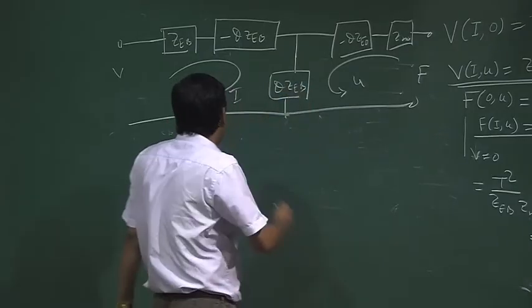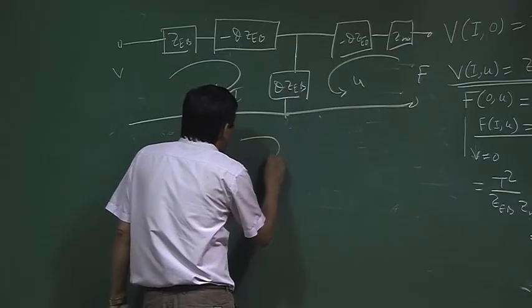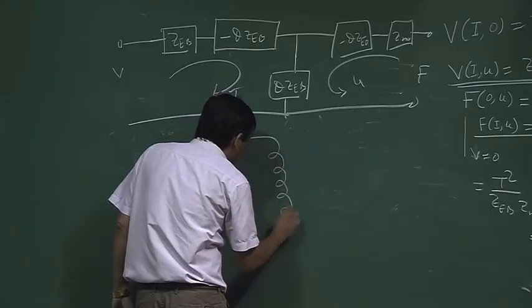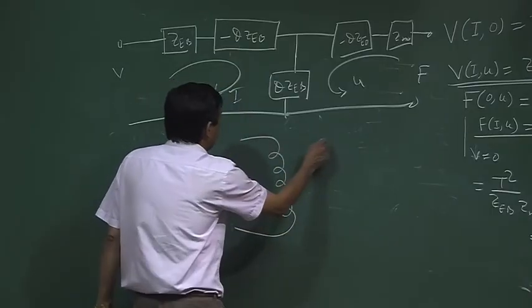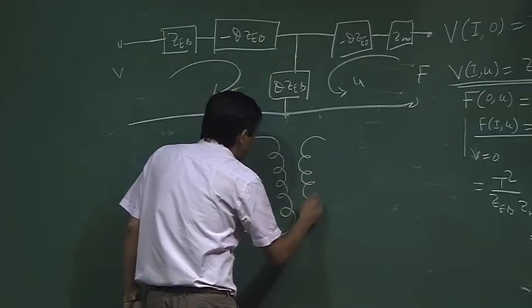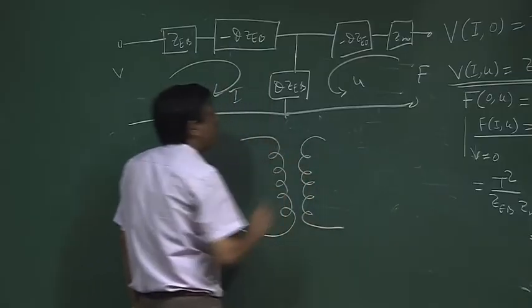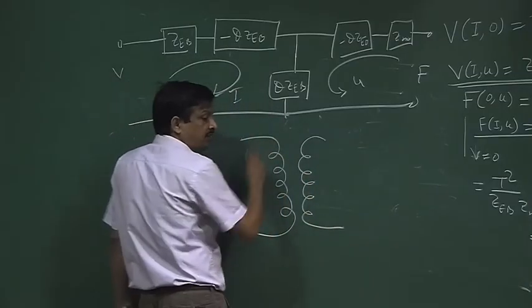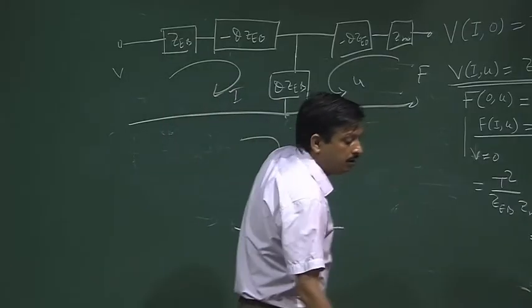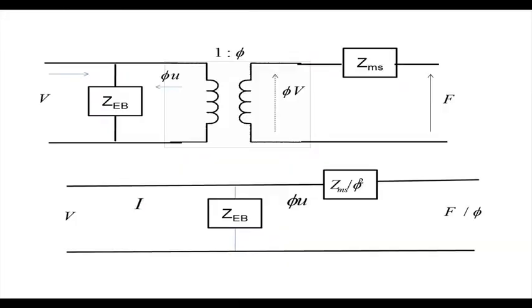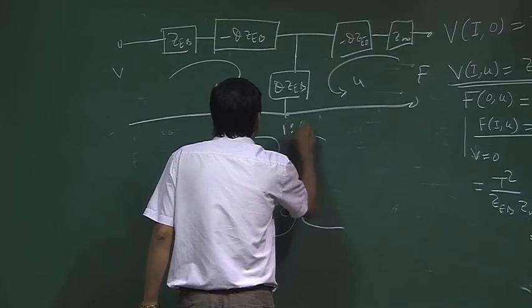Let us say I put a voltage transformer here, whose turns ratio is 1:phi.